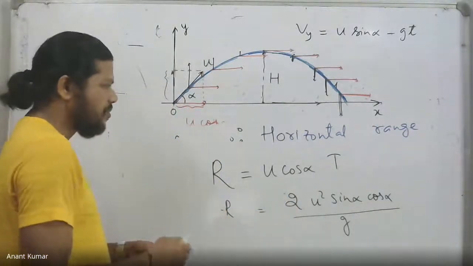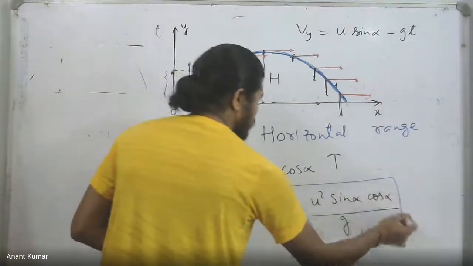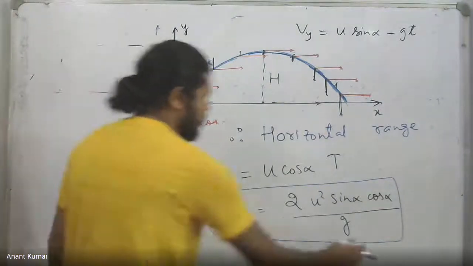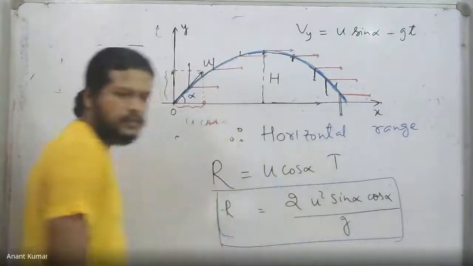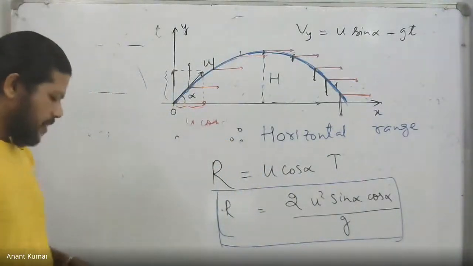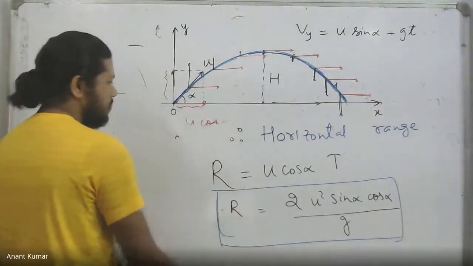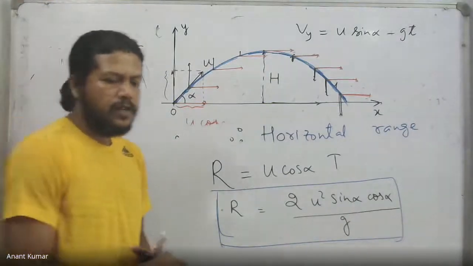as the formula for the range in the horizontal plane, actually. This can be written down a number of ways. This is a perspective problem that we have. So the range in this case is the horizontal range I said already, twice u square sine alpha cos alpha by g, which I can write down in a number of ways.